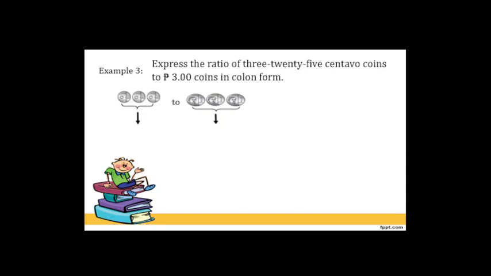So again, we cannot compare right away the 3 25-centavo coins to 3 peso coins. So we have to convert the 1 peso coin into 25-centavo coins. How many 25-centavo coins are there in 1 peso coin? There are 4 25-centavo coins.